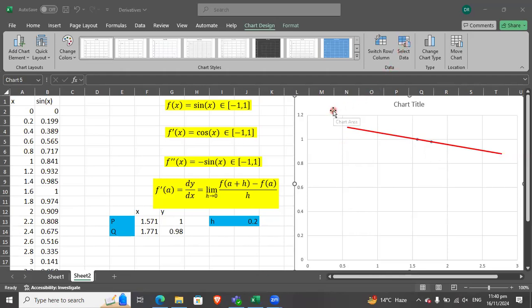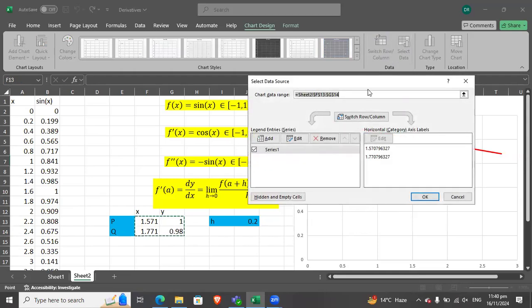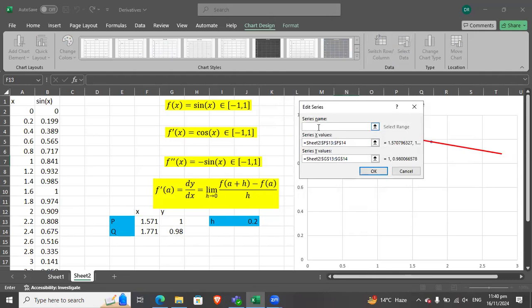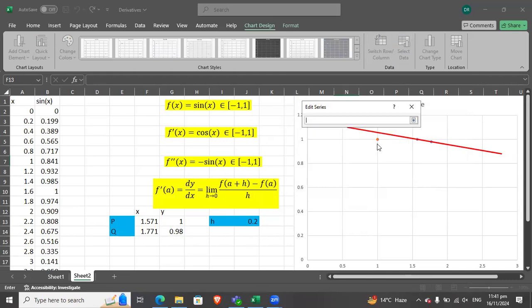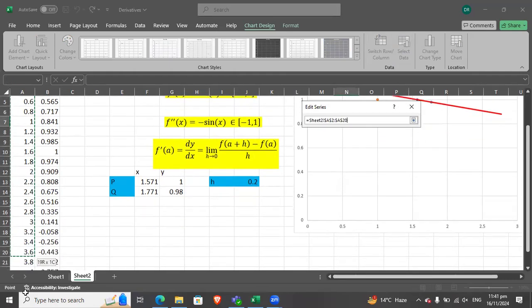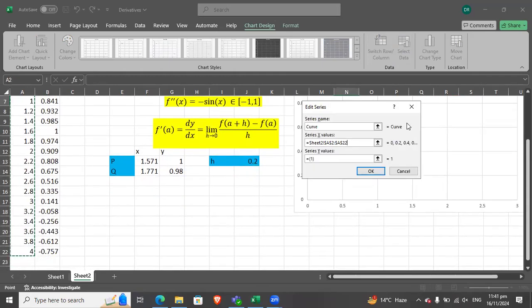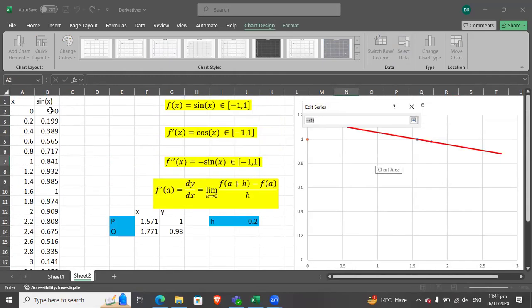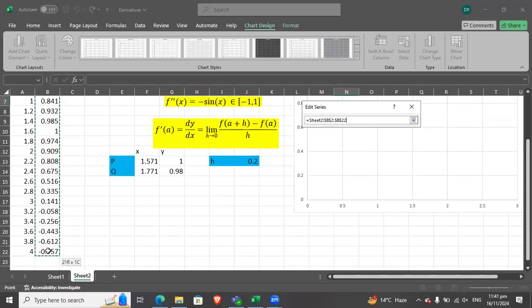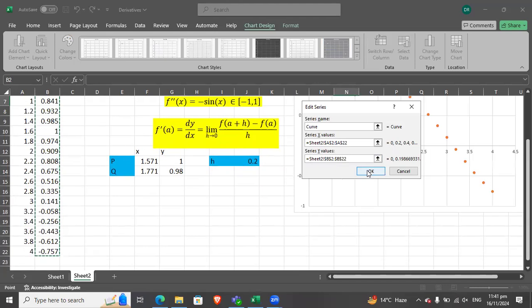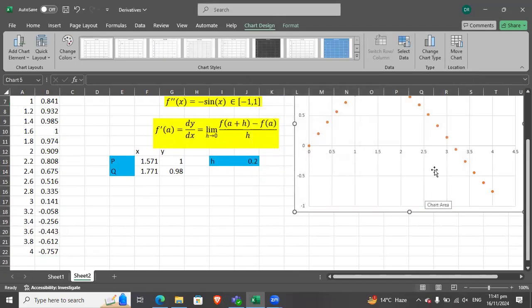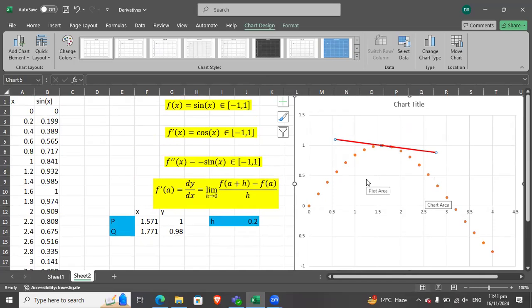Now, again, the select data option. I add a series, and this is going to be the actual curve of sine of x, with x values to be selected from column A, and y values to be selected from column B. So at first we see the scatter plot just in the form of points.